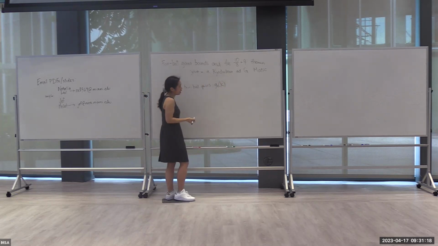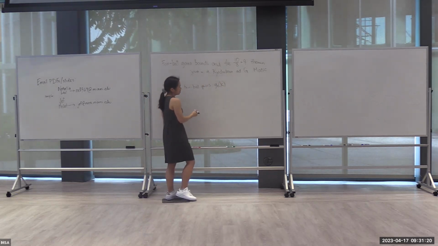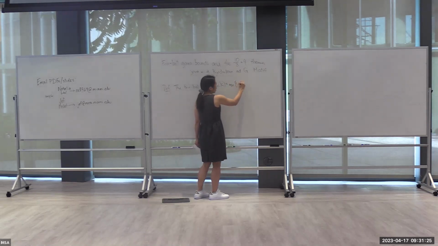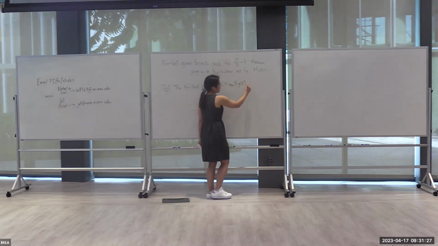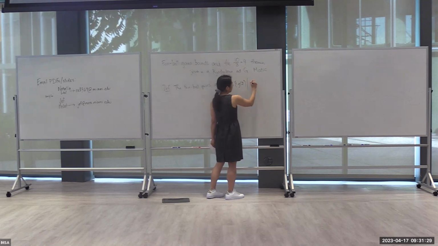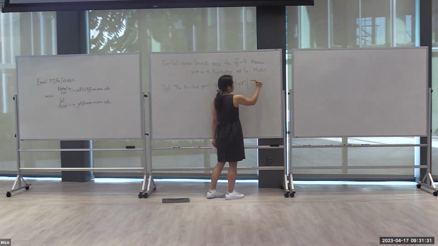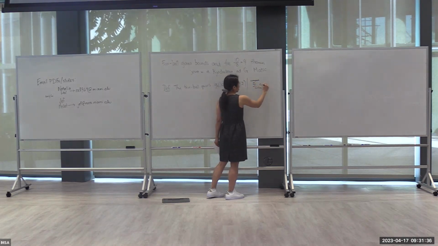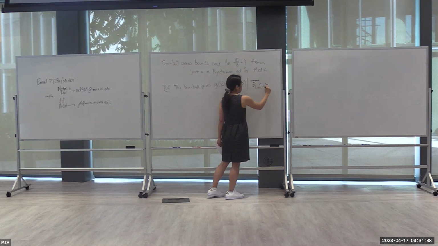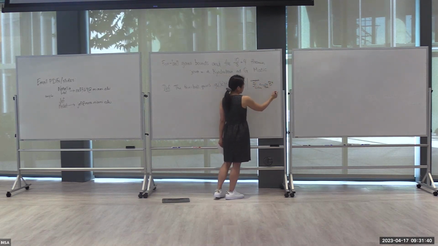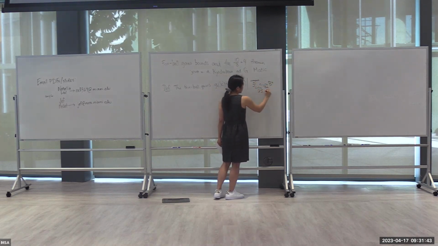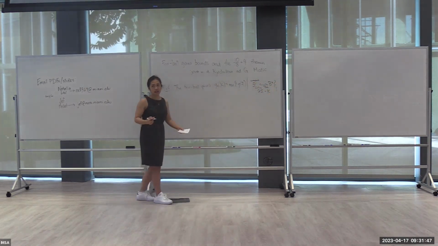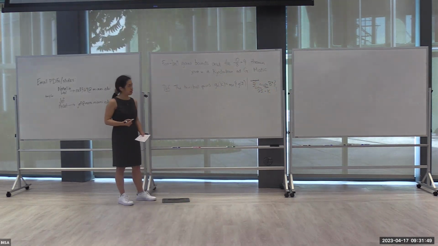If we have a knot K in S3, the four-ball genus is defined as the minimum genus of a connected oriented surface smoothly embedded in B4, whose boundary is K. So K lives inside S3, which is the boundary of the four-ball.